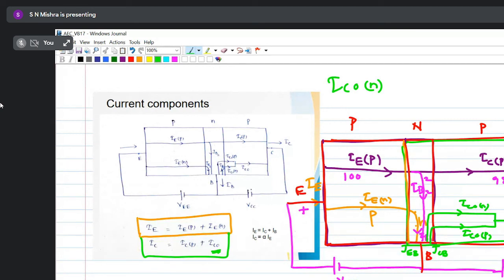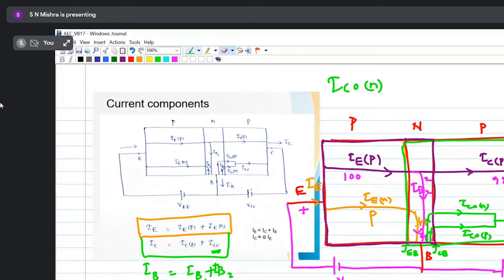Now what about base current IB? See, what is the incoming current, what is the outgoing current? Can you tell me? IB1 incoming into the base, IB2 which is also incoming, and IB3, both the components I have shown here in the base region, is outgoing.